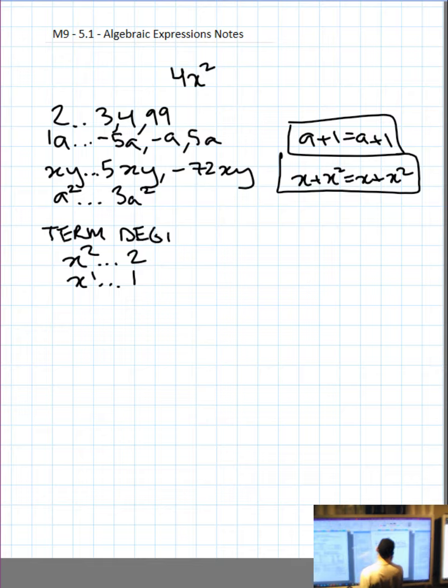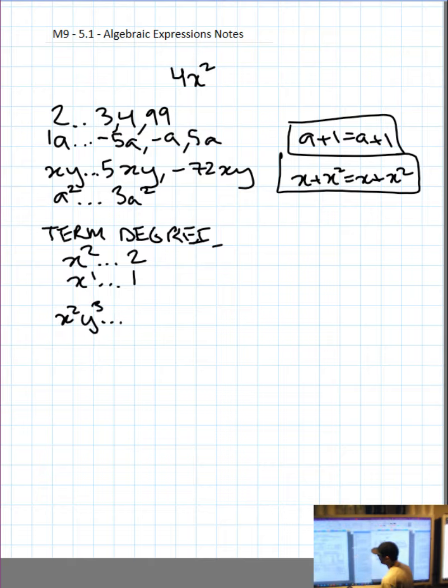Feel free to write stuff in your notes like term, degree, whatever. Or just print off the notes and highlight the notes as I'm going and just kind of look at the notes while I'm doing all this stuff. Or write some of it down, some combination. Okay, x squared y cubed.